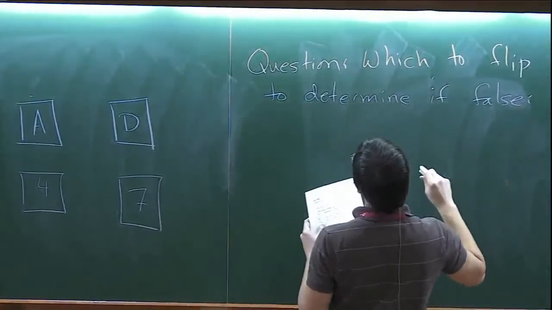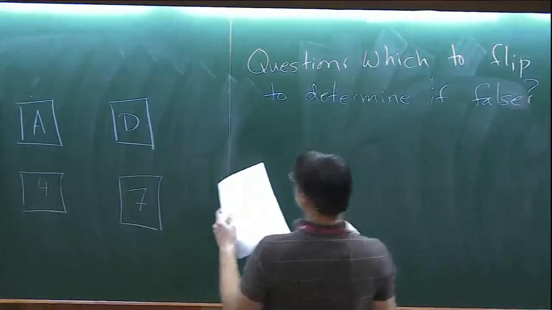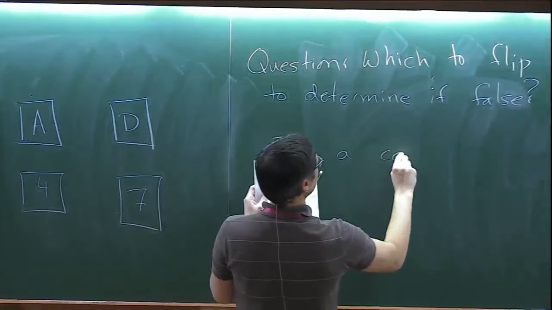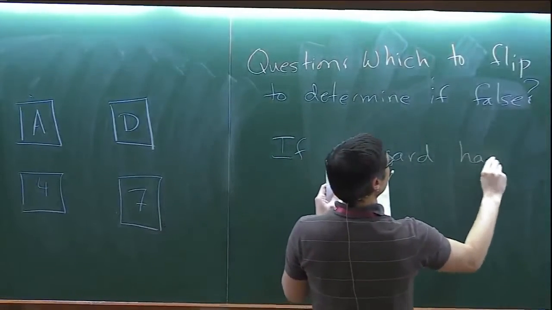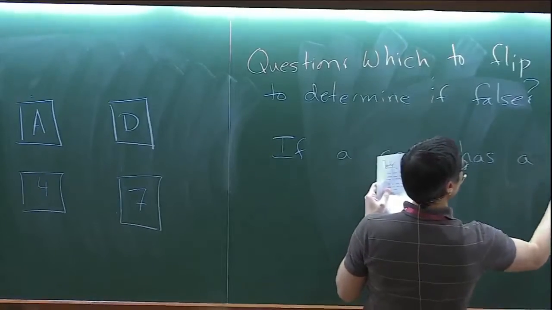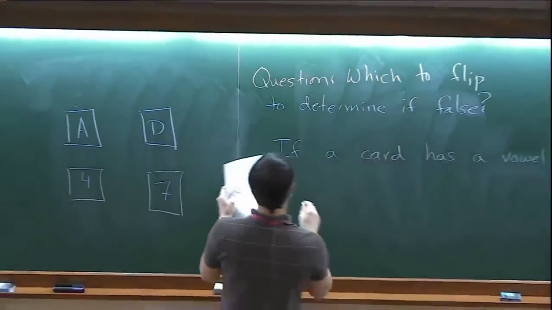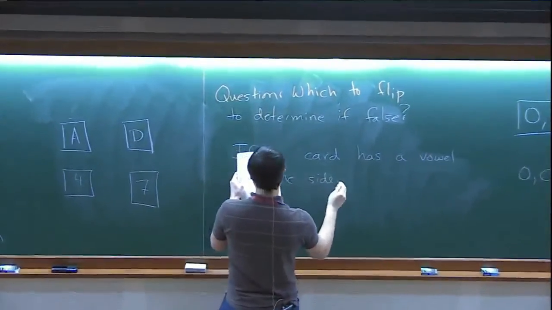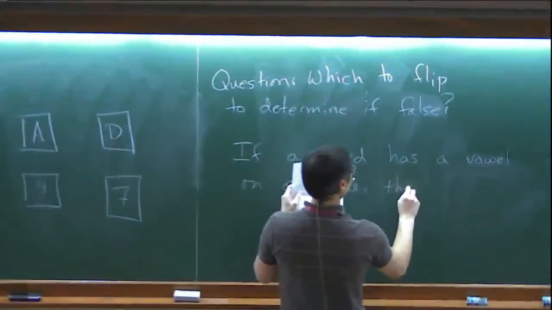Here's the statement: if a card has a vowel on one side, then it has an even number on the other.